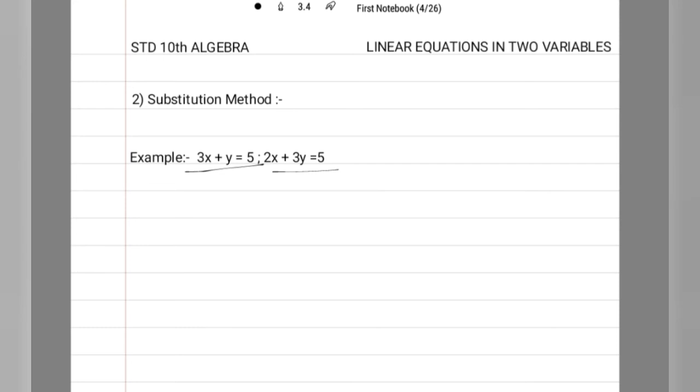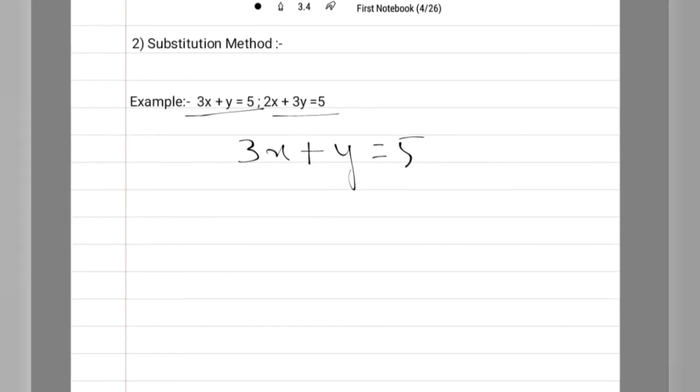If we consider the first equation, that is 3x plus y is equal to 5, then as I said, we have to express one variable in terms of the other variable. So if we express y in terms of x, that is y is equal to 5 minus 3x, we get, in substituting this equation in the second equation.